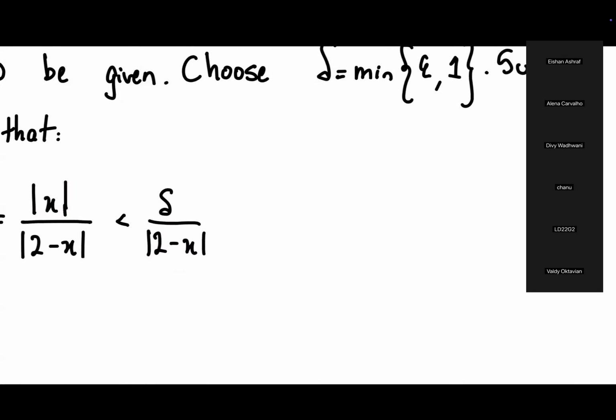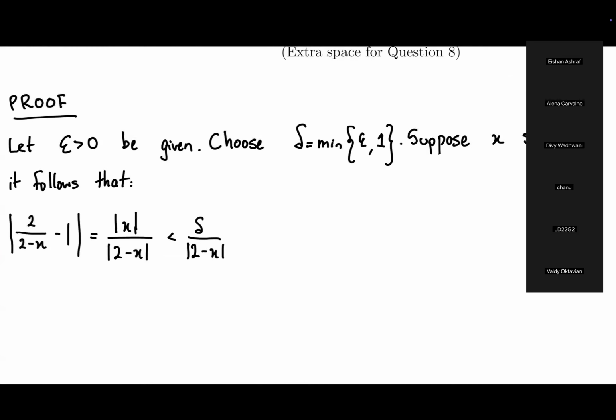But we also know that because of our previous bounding, and because we chose that delta is at most the value of 1, we can bound this 2 minus x as we did before, which then equals delta. And in this case, we just choose delta is equal to epsilon, because if we were to choose delta equal to the value of 1, it just becomes trivially true that the proof holds.